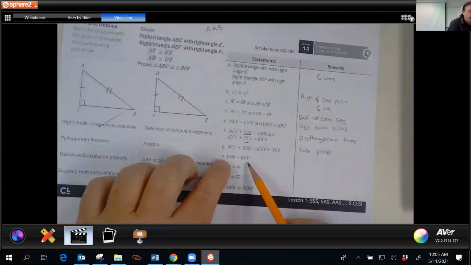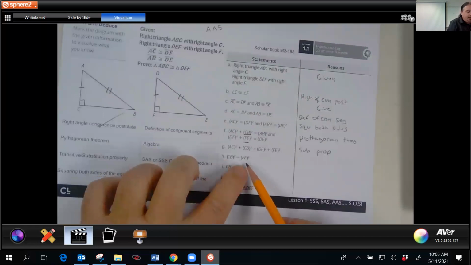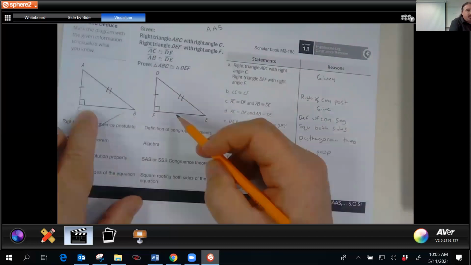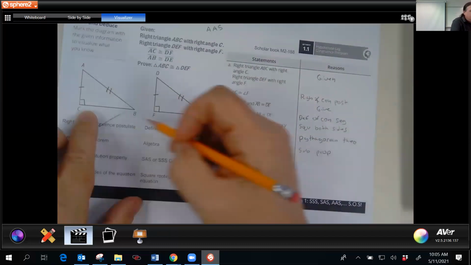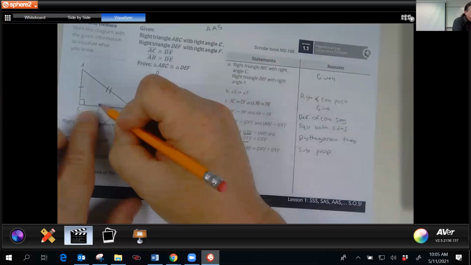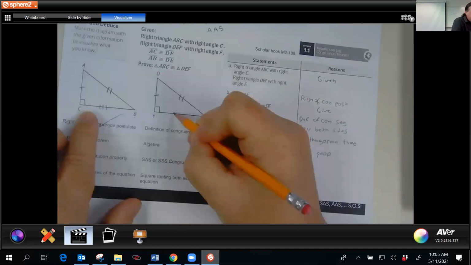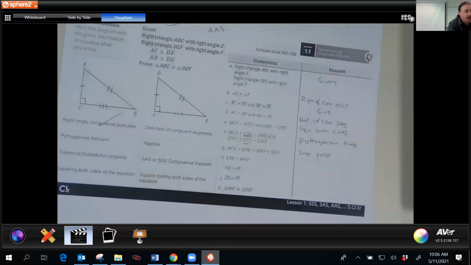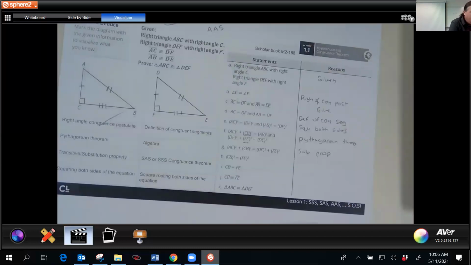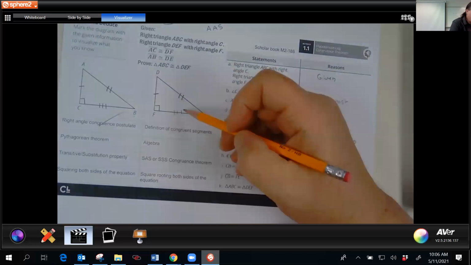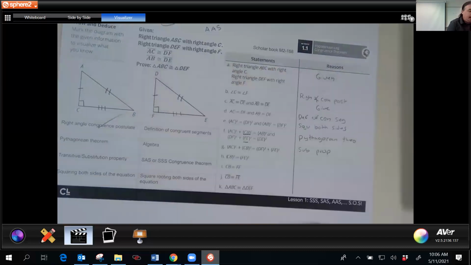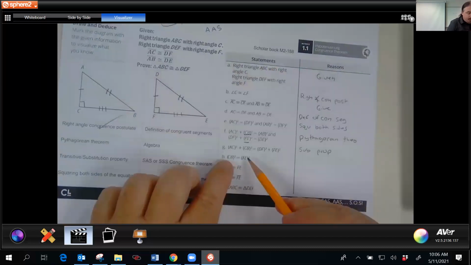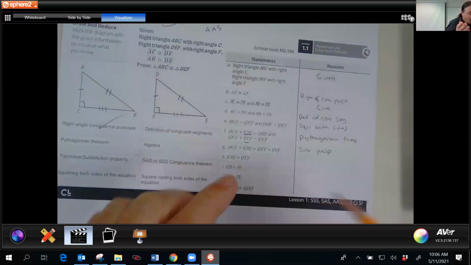What changed from here to here? So we just have CB and FE, and in reality, those are the points that we need to show that all three sides are congruent. And if all three sides are congruent, we can go ahead and use this side congruency theorem if we wanted to. We can also use side angle side, but we used that Pythagorean theorem for that to happen.